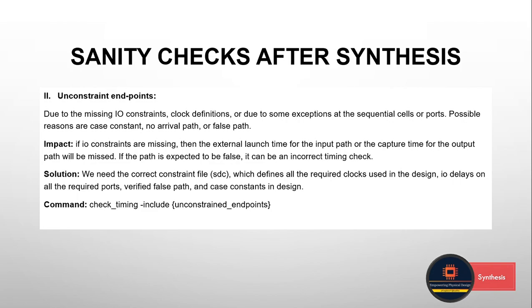The solution is the correct constraint file again, all the IO delays should be properly declared, and every exception should be clearly defined. The command we use to see if there are any unconstrained endpoints is check_timing -include unconstrained_endpoints.